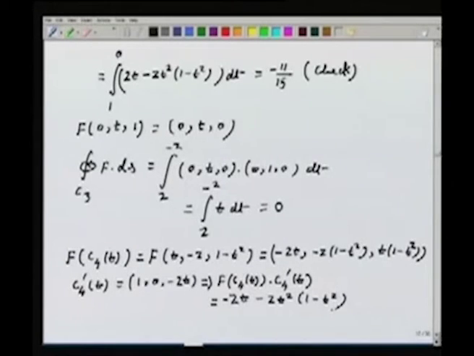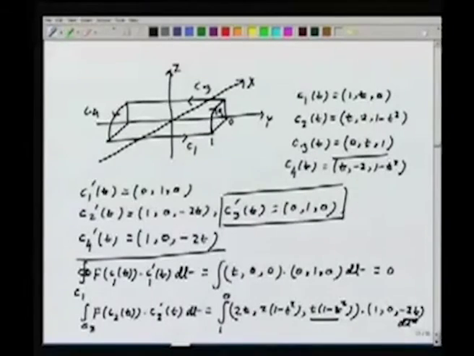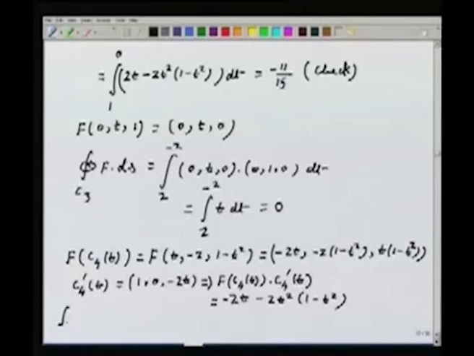Okay. Now I have to integrate. To integrate, I need to know the limit of t. Since it comes this way, the variation of t, that means of x, is actually from 1 to 0.